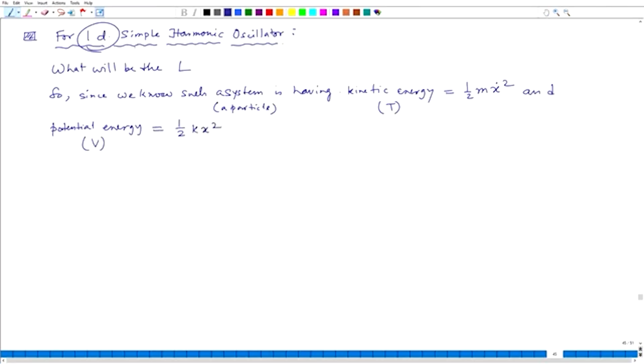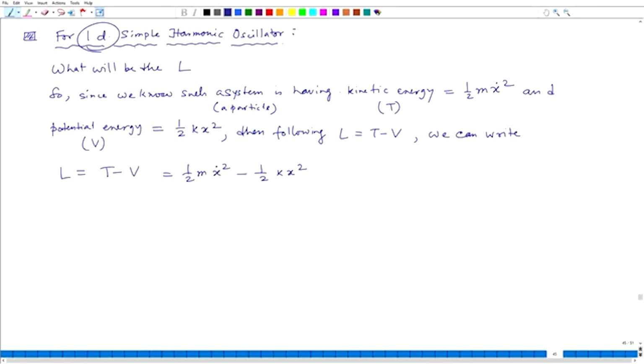Then, following the recipe L is equal to T minus V, that is half m x dot square minus half k x square.